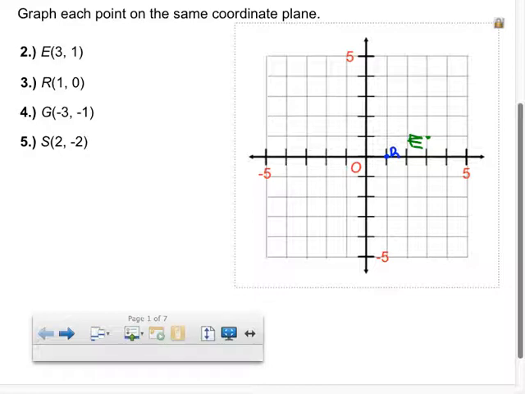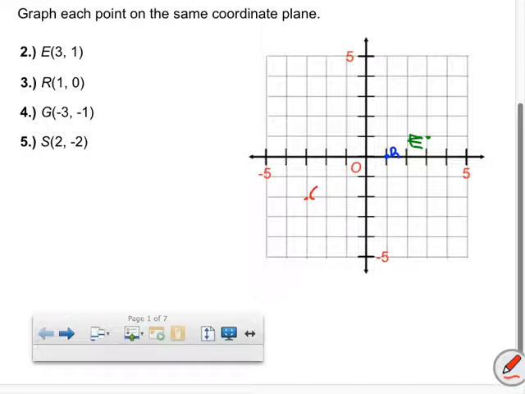Okay, can I get a volunteer for number 4? Number 4. Let's see. Athila. Okay, put your pen down.